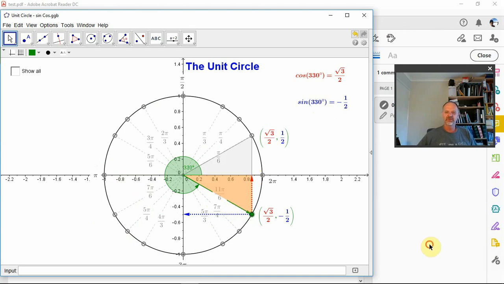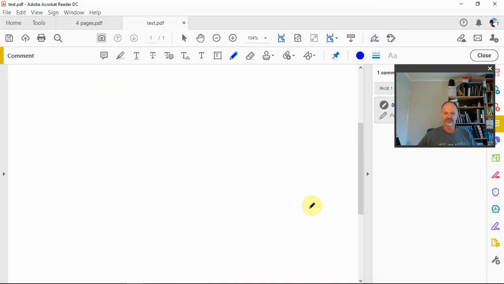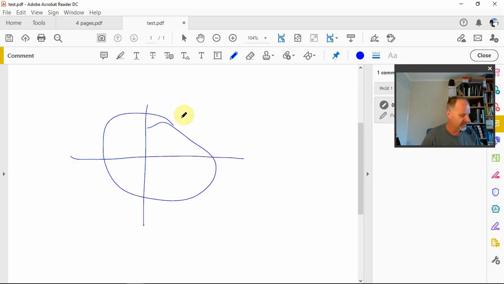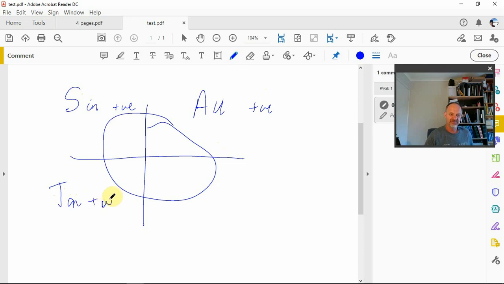All right, so what we can do is come up with a little bit of an acronym to help us figure this out. So all will be positive in the first quadrant, sine is positive in the second, so the other two would be negative, tan is positive in the third, and cos is positive in the fourth.